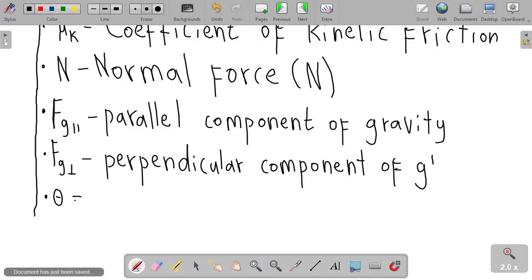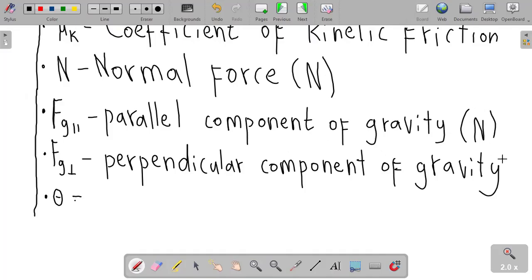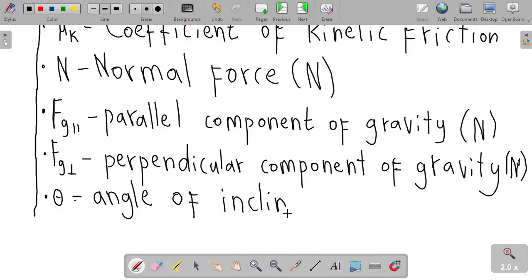And they are both measured in newtons. You have newtons here, you also have newtons. It's the unit of measurement. And then this is an angle. This is an angle of inclination.